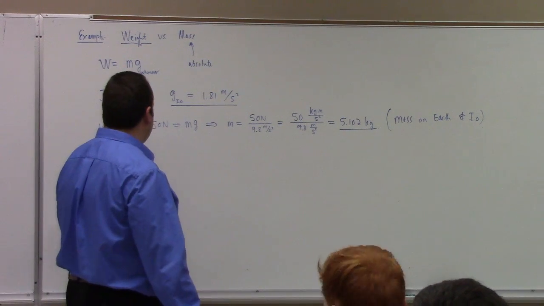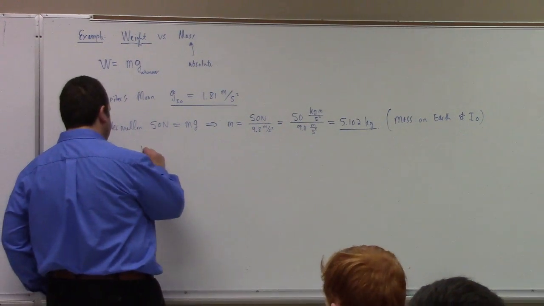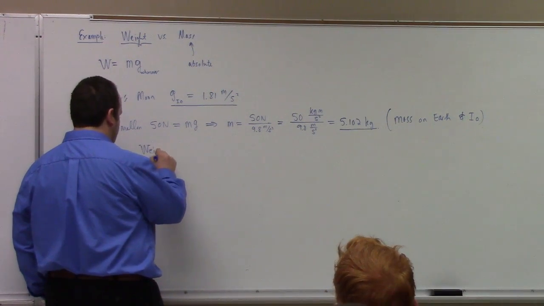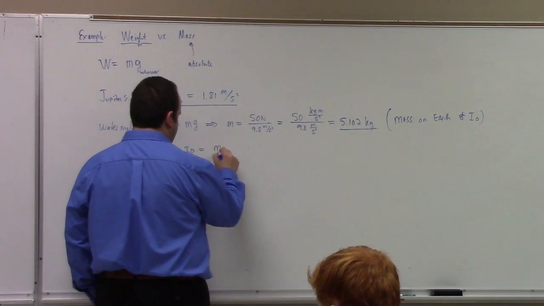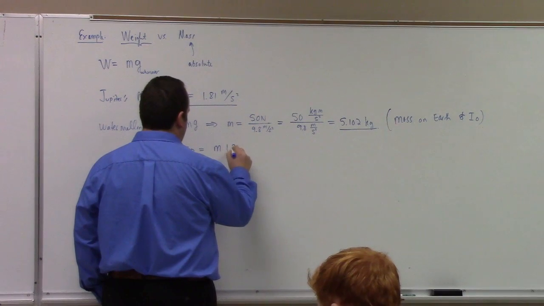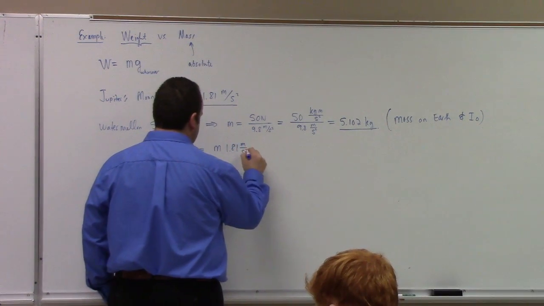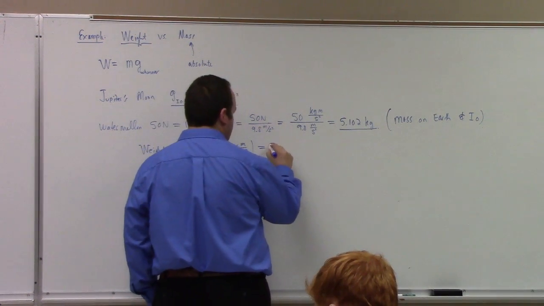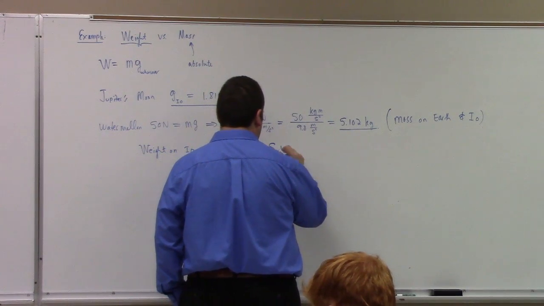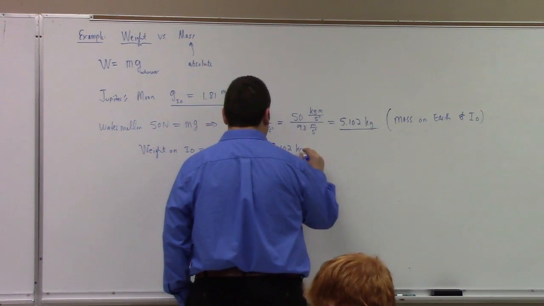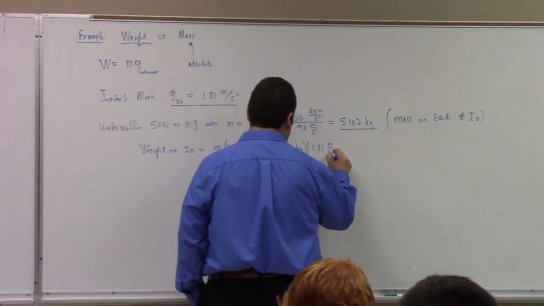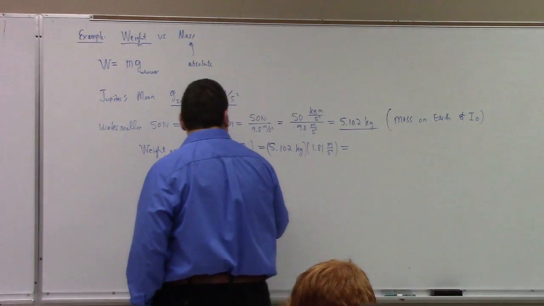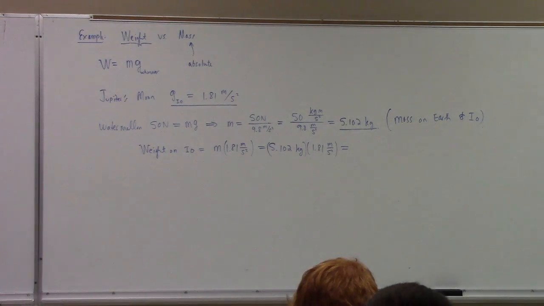Now, okay, so how do we figure out the weight on Io? What do we do? So it's the mass times 1.81, yeah. Which is 5.102 kilograms times 1.81 meters per second squared, which gives me newtons, and what number?